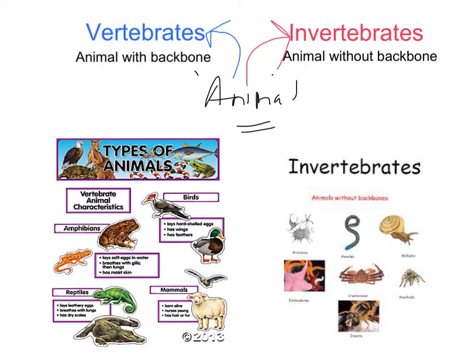So for example, that it has hair or fur and then it gives birth to live young, right? That would be a mammal, whereas a bird would have feathers and it has hard-shelled eggs. An amphibian has moist skin and lays soft eggs, right? So these are some of the characteristics. So make sure you do know quite a few of those characteristics for vertebrates. And for invertebrates, just know that they're basically animals that have no backbone.